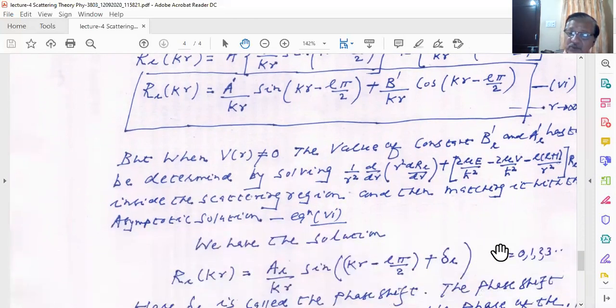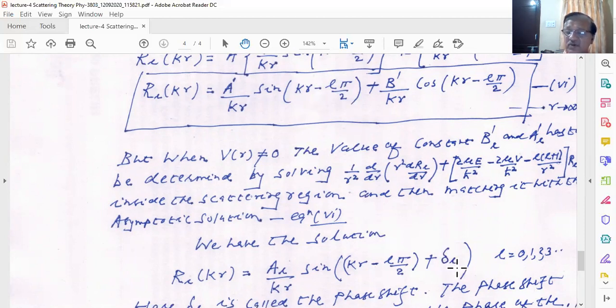But if you compare the solutions of the Schrodinger wave equation in the presence of the potential, it is similar. But you see here that the argument of the sine function is kr minus lπ/2 plus a factor which I wrote as delta_l. This is a very important part. This we will see is known as the phase shift.